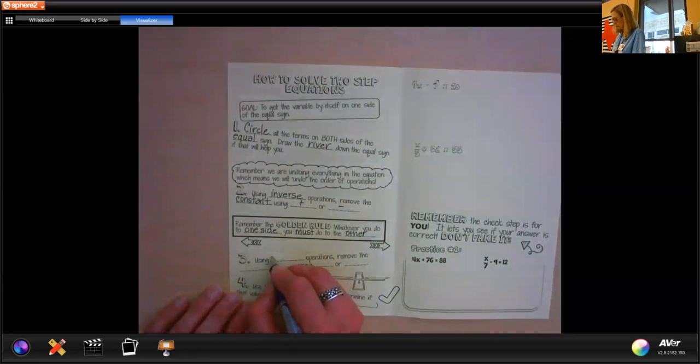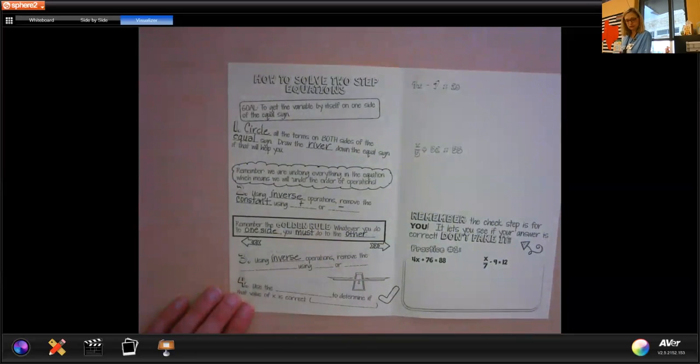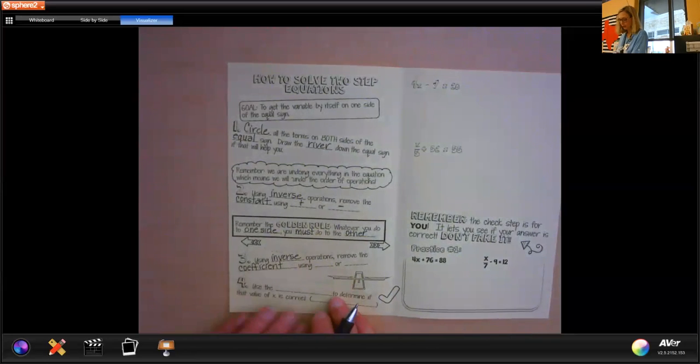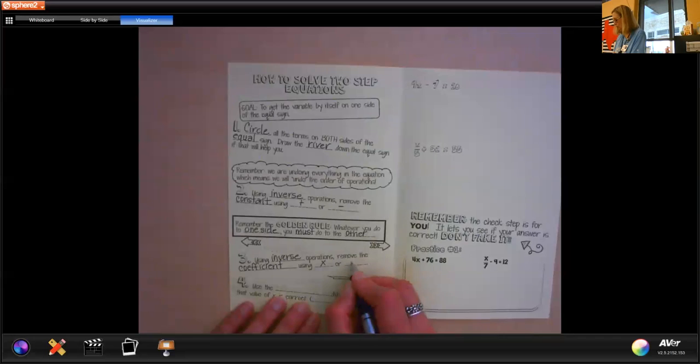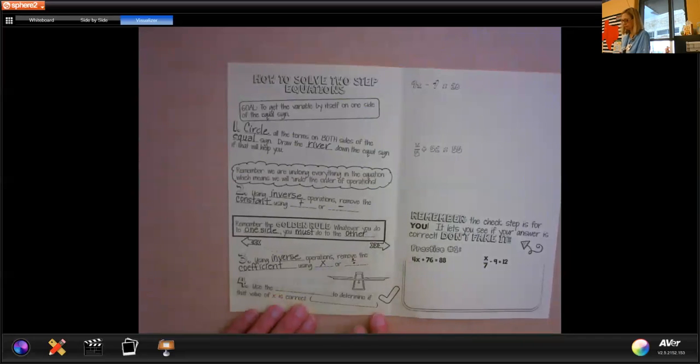Then using inverse operations, we remove the coefficient. That's the number that is in front of the variable. Using multiplication or division.